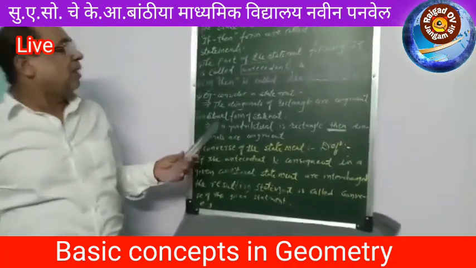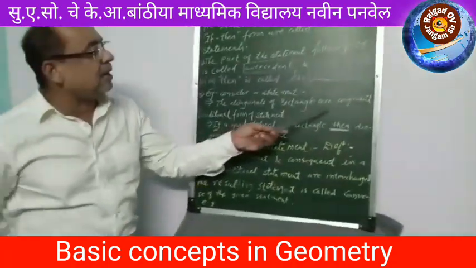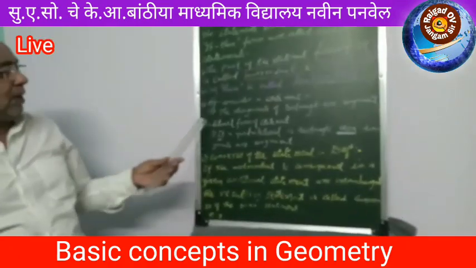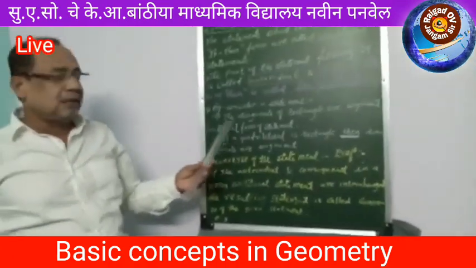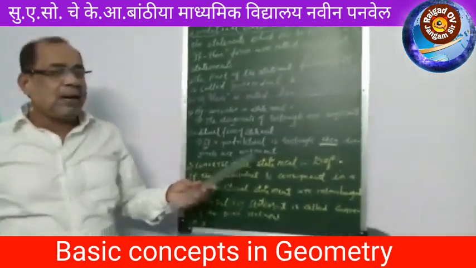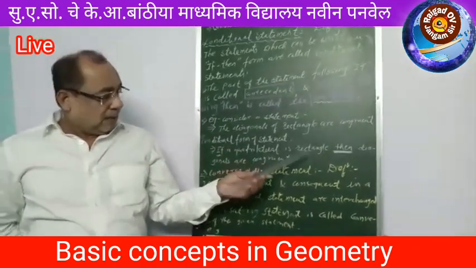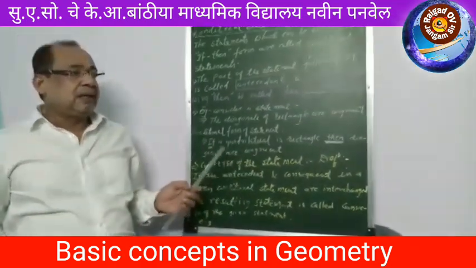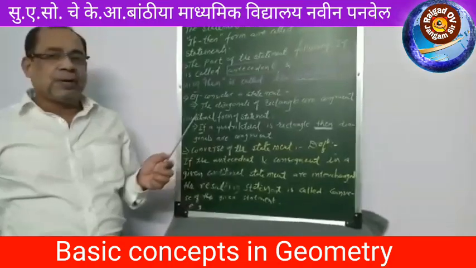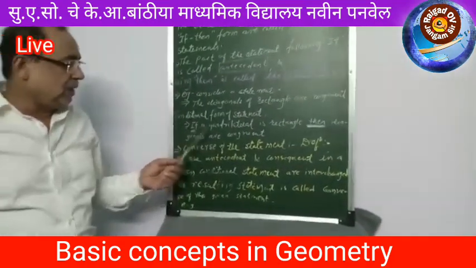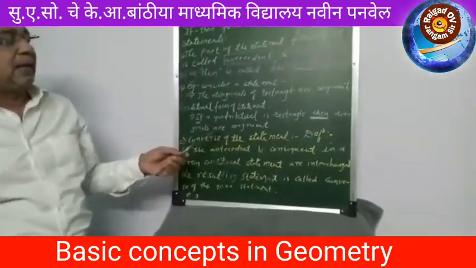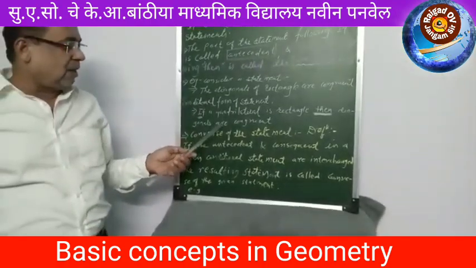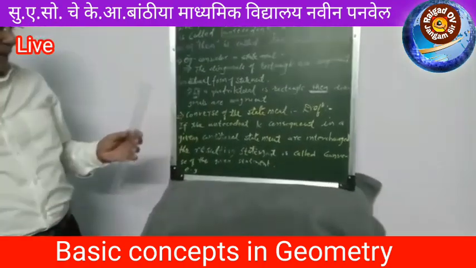So how do you convert this? The diagonals of a rectangle are congruent. You can convert this sentence into the conditional form: if a quadrilateral is a rectangle, then the diagonals are congruent. So here we use these two words, if and then, and the simple statement becomes a conditional statement.